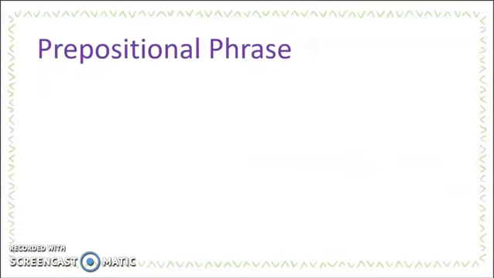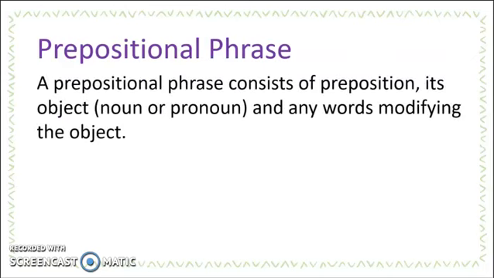Next, let's have a prepositional phrase. A prepositional phrase consists of a preposition, its object, which is either a noun or a pronoun, and any words modifying the object. Again, a prepositional phrase always begins with a preposition and connects nouns.